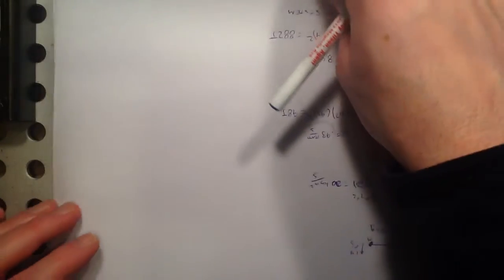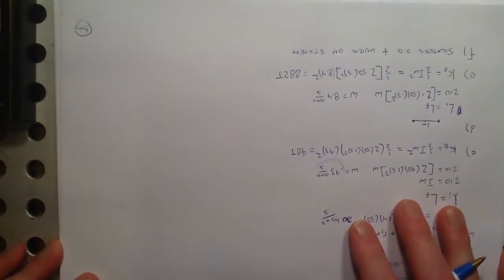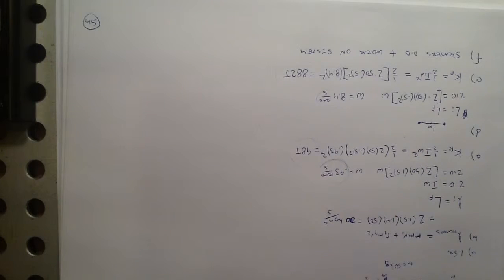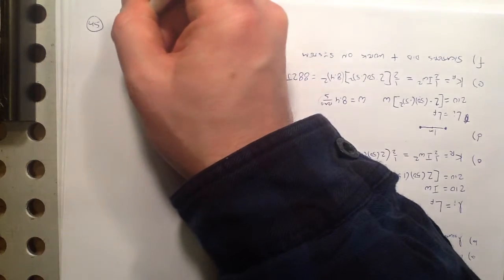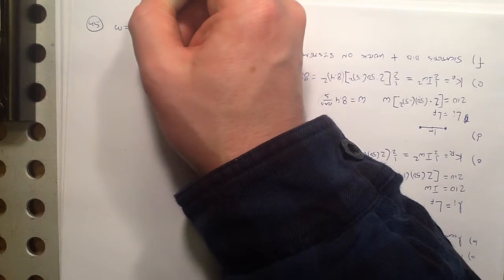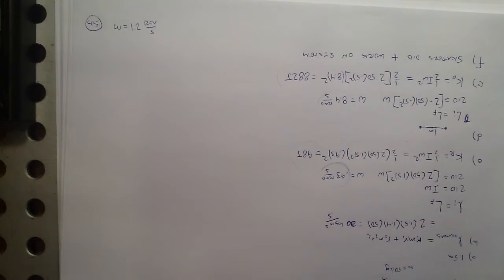Number 45. A man stands on a platform that is rotating without friction with an angular speed of 1.2 revolutions per second, and his arms are outstretched and he holds a brick in each hand.